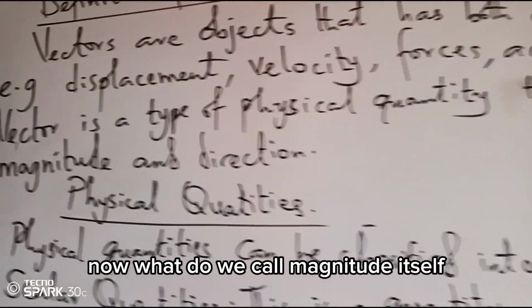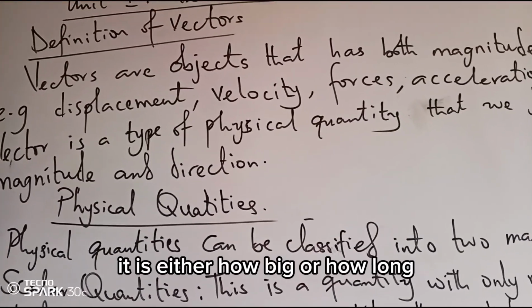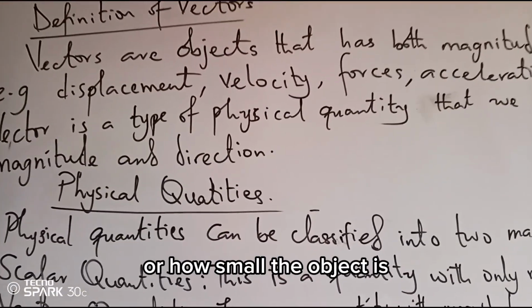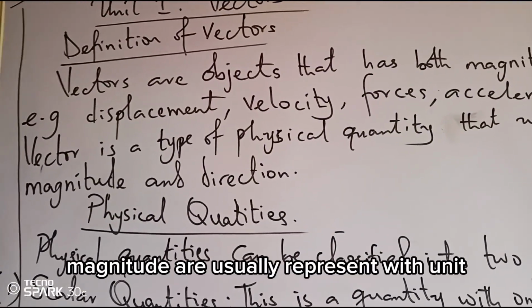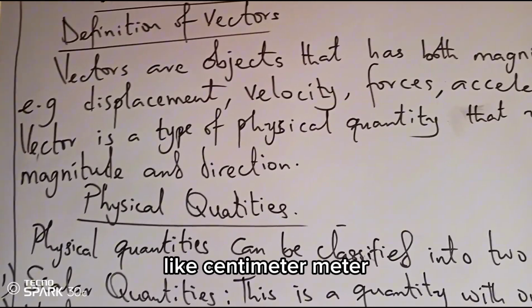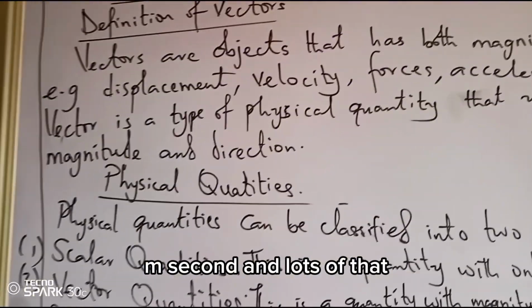Now, what do we call magnitude itself? Magnitude is the size of an object. It is either how big or how long or how small the object is. Magnitude is usually represented with units like centimeter, meter, second, and a lot of that.